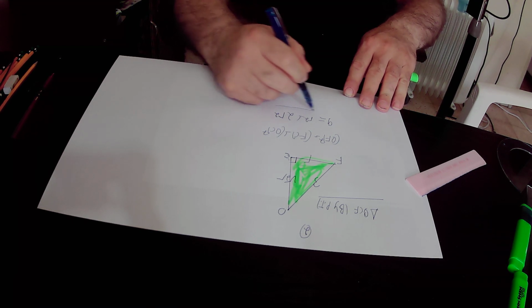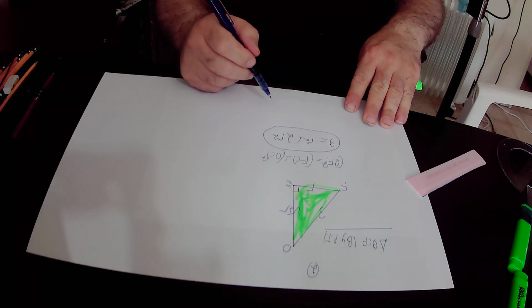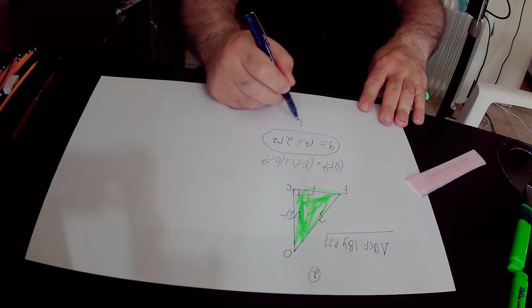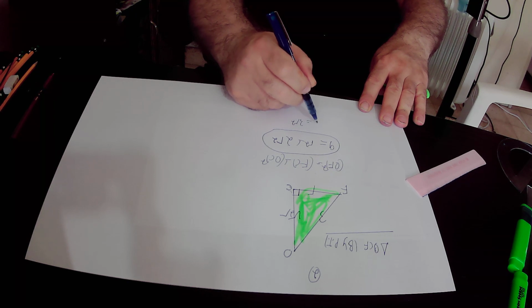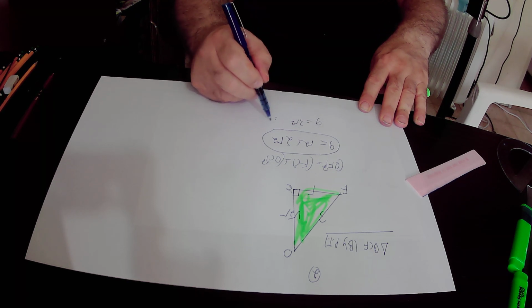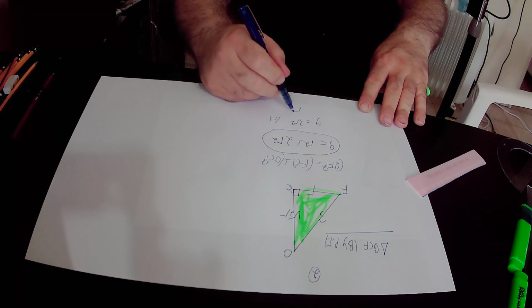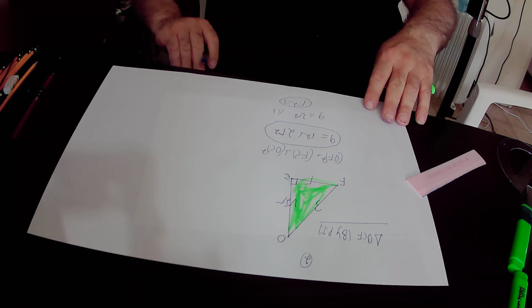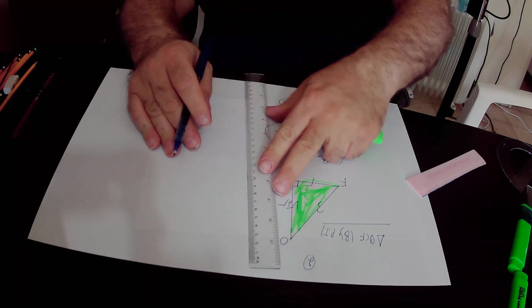In conclusion, 9 equals R square plus 2R square, which is 3R square. We divide this equation by 3, and we get that R square equals 3.